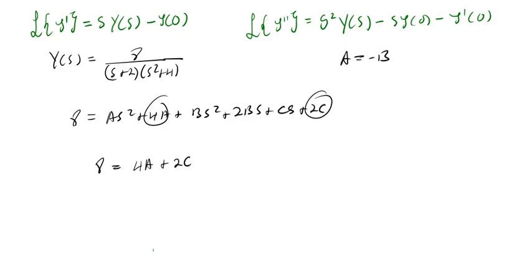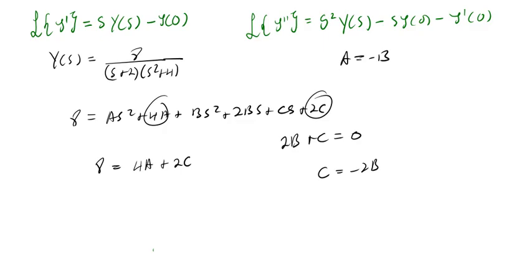Then the s terms are also going to equate to 0, so we are saying 2b plus c equals 0. From here, maybe I can say c equals minus 2b.